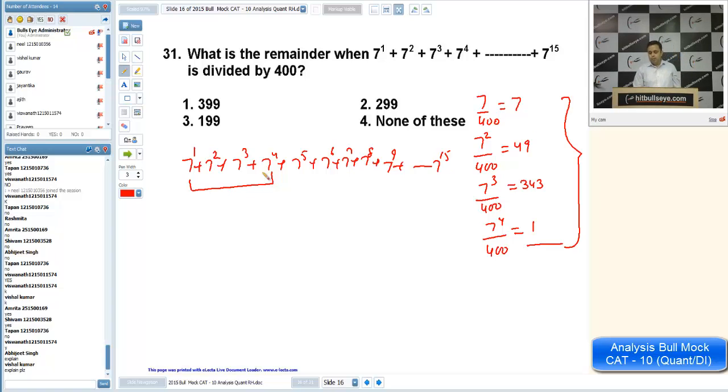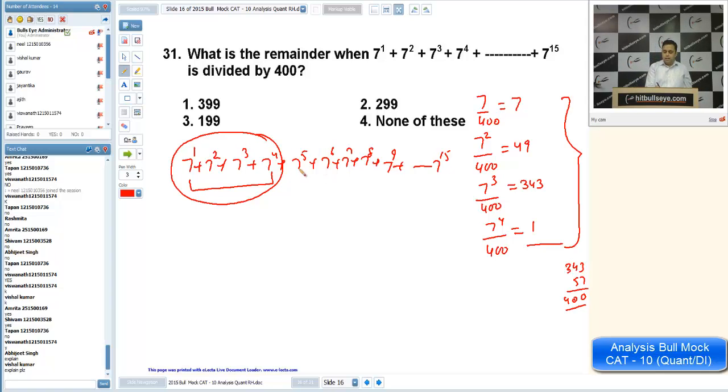If I add up these numbers, it will come out to be 7 plus 49 plus 343 plus 1, that is 343 plus 57, 400. The sum comes out to be 400. That means the sum of remainders of these four numbers is divisible by 400.